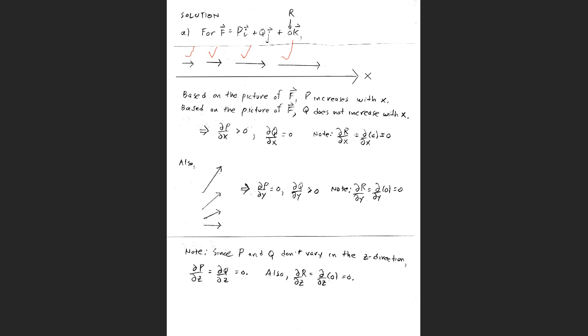What's happening to the horizontal component of the vectors as x increases? Is the horizontal component getting larger or smaller? It's getting larger. The vectors are getting longer as x increases. So this means that P has to increase with x, which means the partial derivative of P with respect to x is positive.